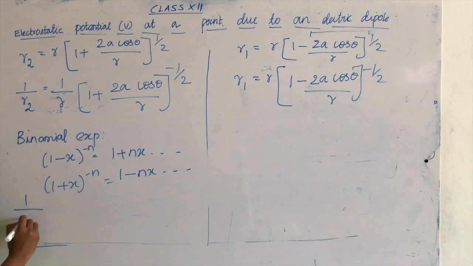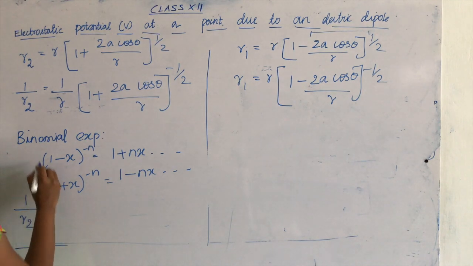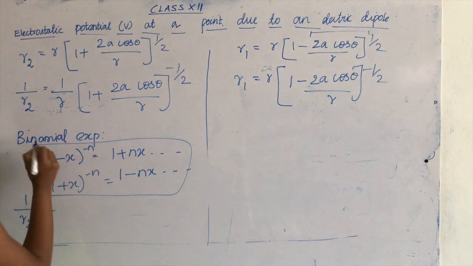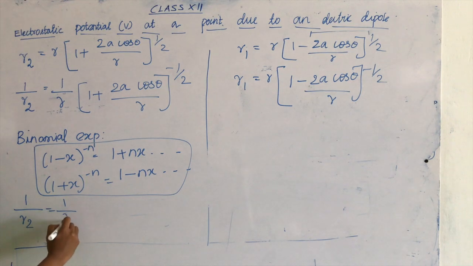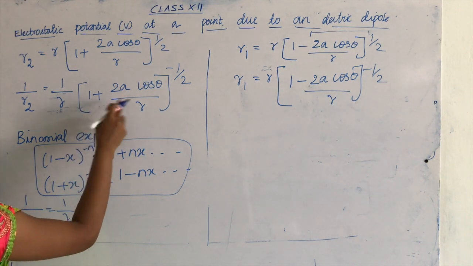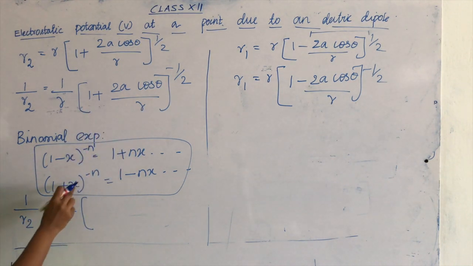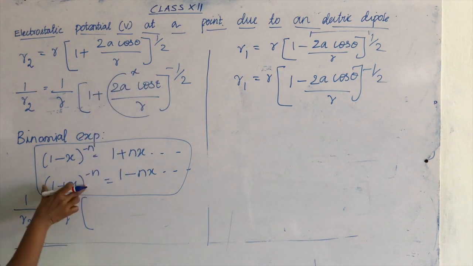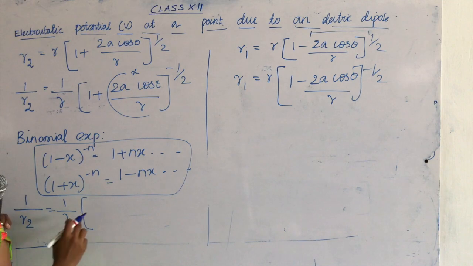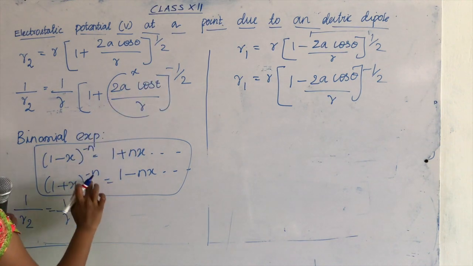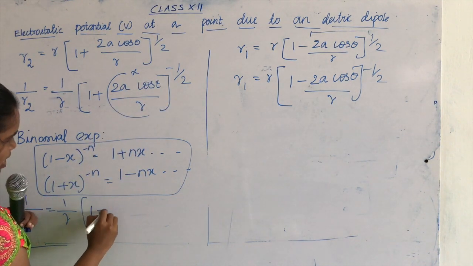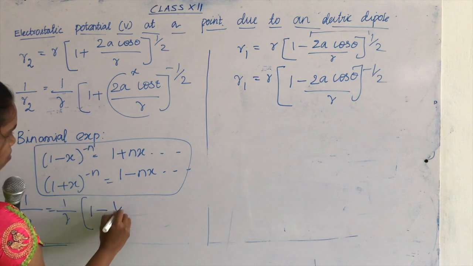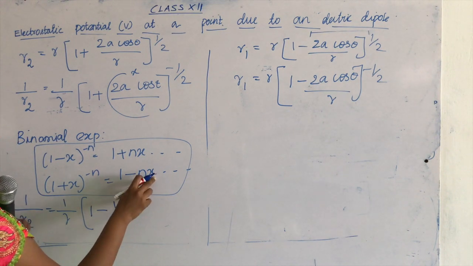Now let us apply it here. 1 by R2 equal to 1 by R times 1 plus x, where the whole term 2A cos theta by R is considered as x, and n is 1 by 2.